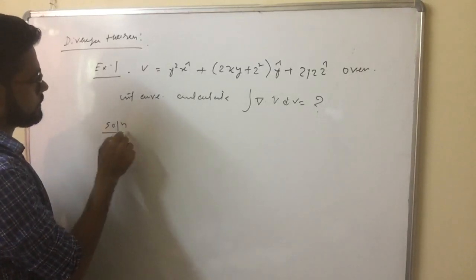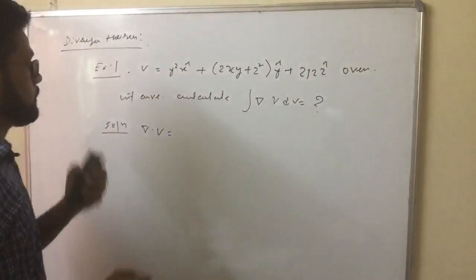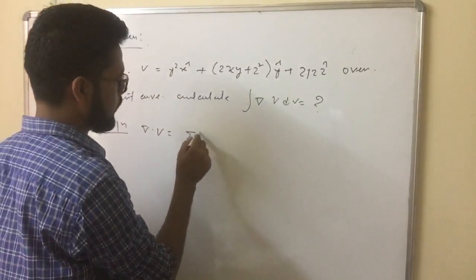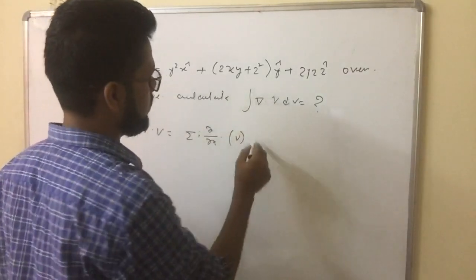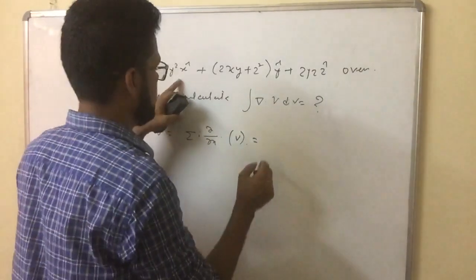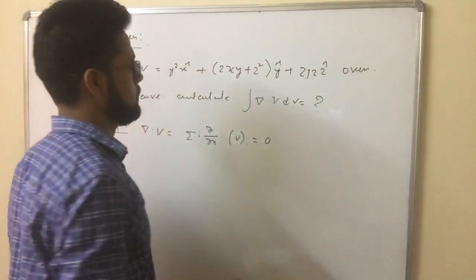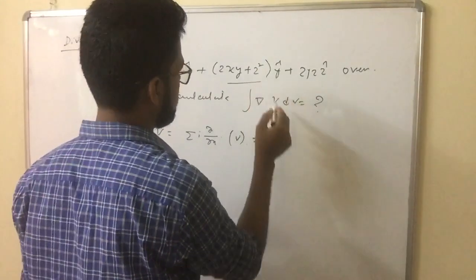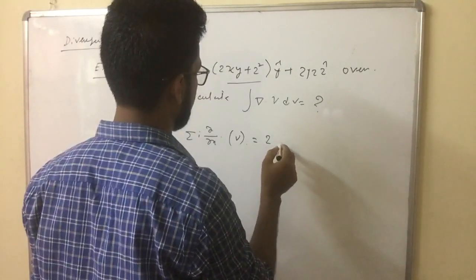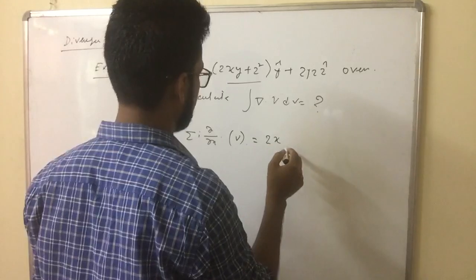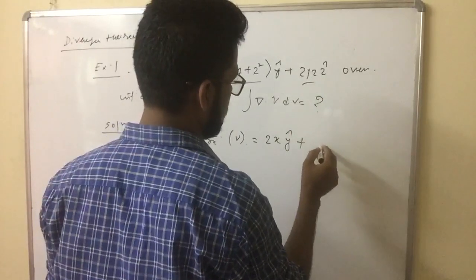Solution: we have to find the divergence of V. Divergence of V means del dot the function V. With respect to x it will be 0, because there is no x in the x cap component. For the y cap component it is twice x y, plus for the z component twice y z.